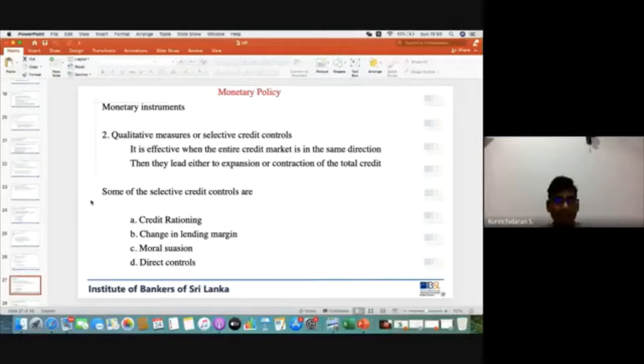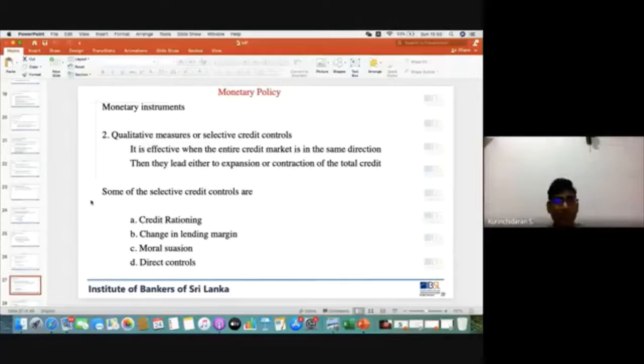But in addition to that, there can be other qualitative measures or selective credit controls as well, right? That's the general one, because you increase the money supply or credit creation capacity and see what happens. But through qualitative measures, the central bank can achieve some different things.